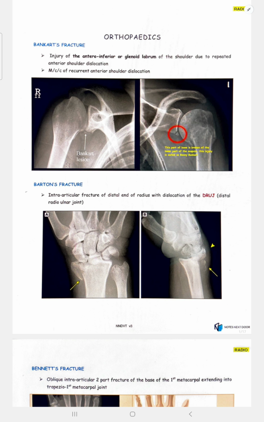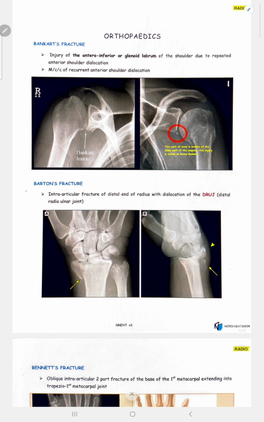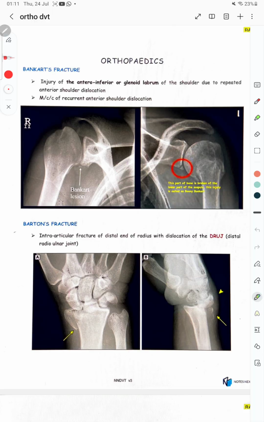Okay, so Bankart's fracture, the first thing is it is injury of the anteroinferior glenoid labrum of the shoulder due to repeated anterior shoulder dislocation.